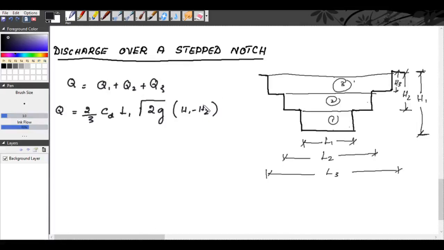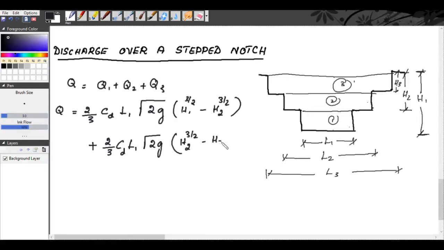It is H1 raised to 3 by 2 minus H2 raised to 3 by 2, plus 2 by 3 CD L2 into square root of 2G into, for this part, H2 minus H3, so H2 raised to 3 by 2 minus H3 raised to 3 by 2, plus 2 by 3 CD L3 into square root of 2G into H3 raised to 3 by 2.